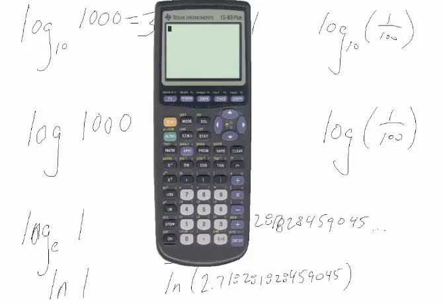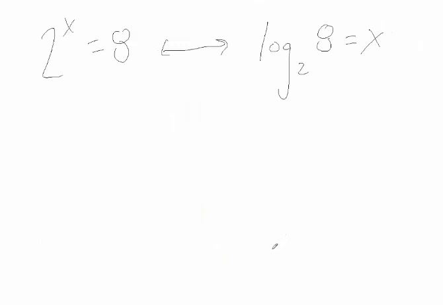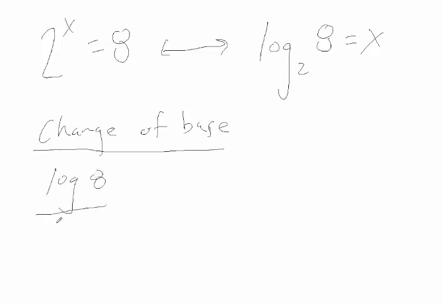So how about we go back to our initial problem and see if we can solve that using our calculator. Well, we don't have log base 2 on our calculator, but using what is known as the change of base formula, we can rewrite this as log 8 over log 2, or ln 8 over ln 2.